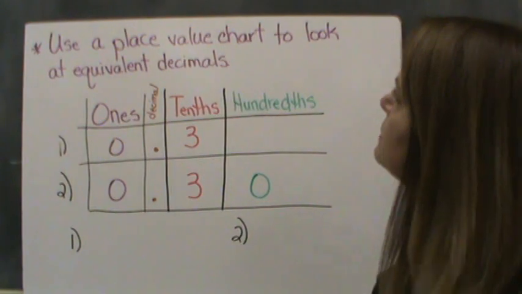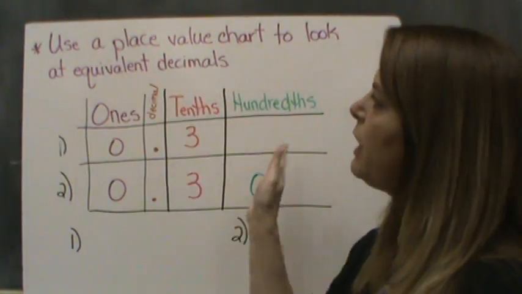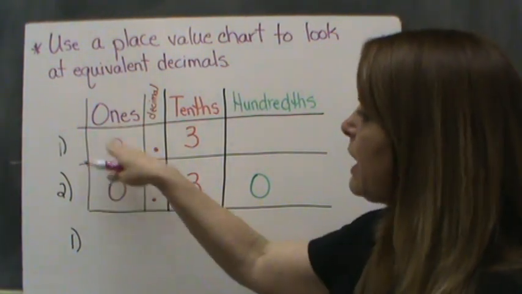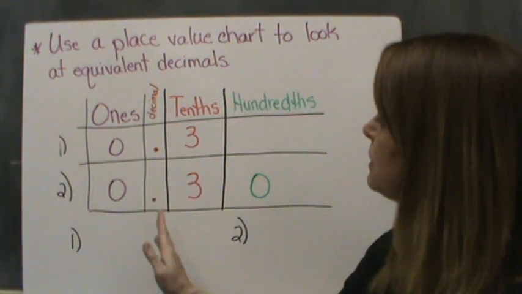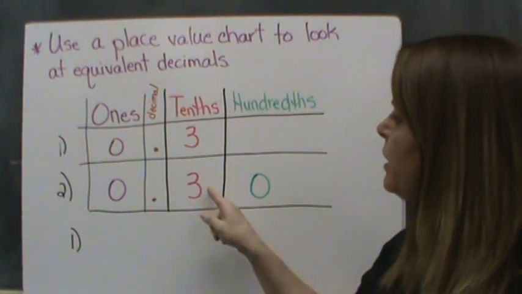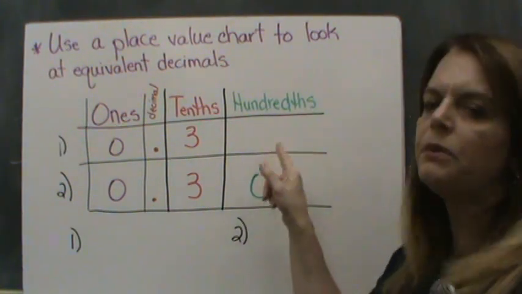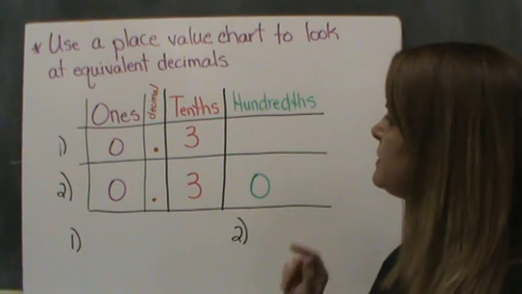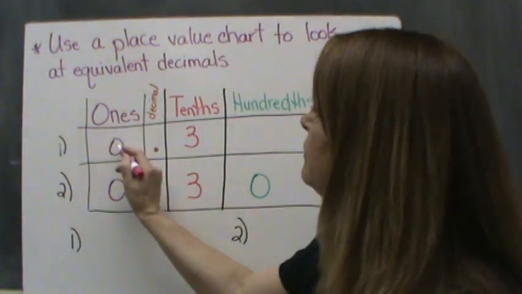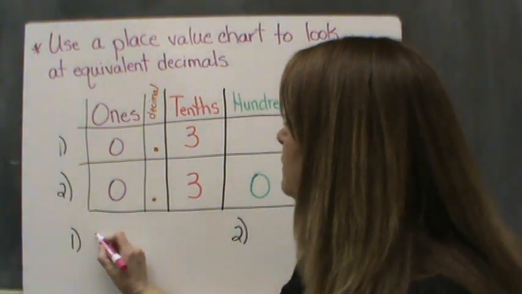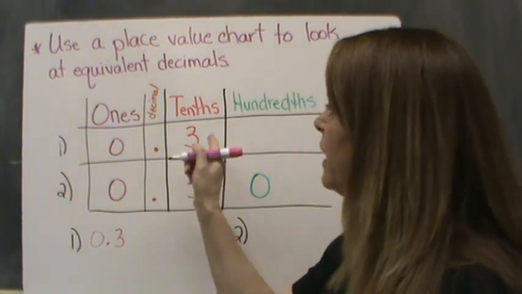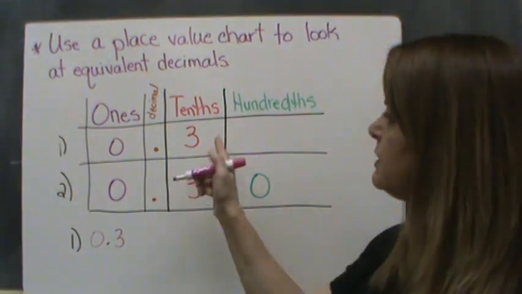I can also use a place value chart to help me look at equivalent decimals. Here, in my ones place, I have zeros, so I don't have any whole numbers. My decimals get their own place. In my tenths place, I have 3s. And in my hundredths place, here I don't have anything, but in this row I have a 0. Using my place value chart, I'm going to write out the decimals. Number 1, going across, I have 0.3, and that is read as 3/10.